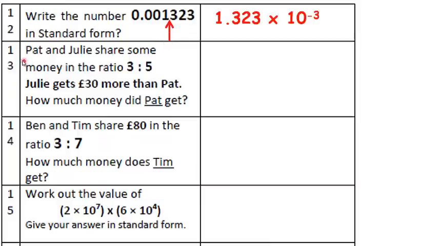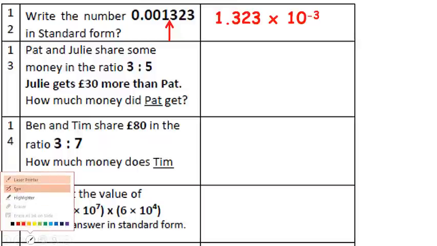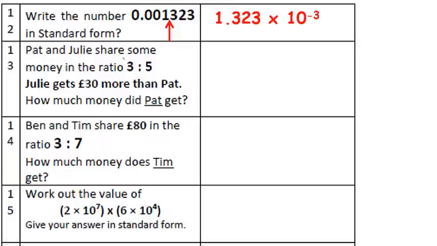Number 13, we're quite familiar with these. Pat and Julie share some money in the ratio 3 to 5. Now, when you're doing these problems, it is really important that you label it up. So I'd be inclined to write P for Pat there and J for Julie over there.